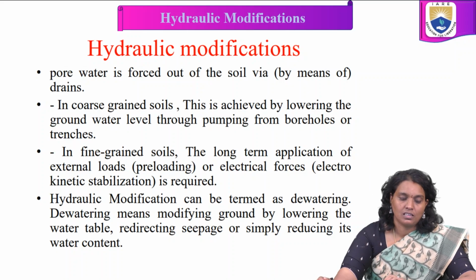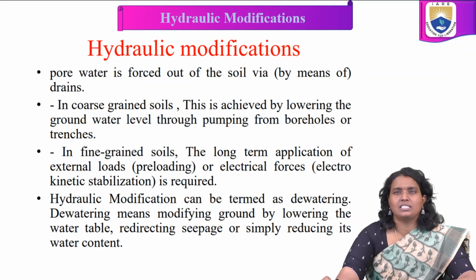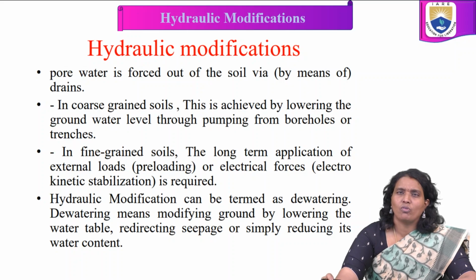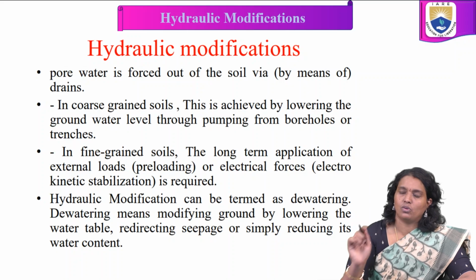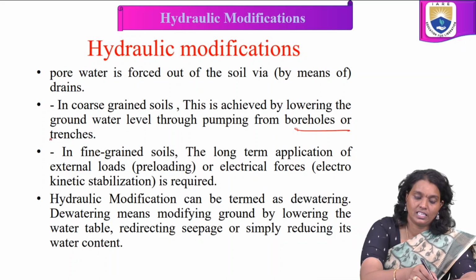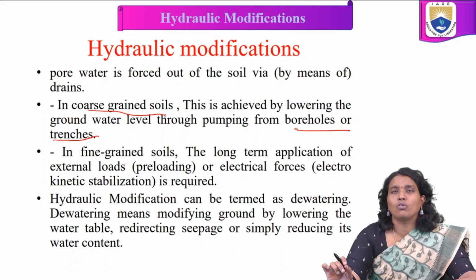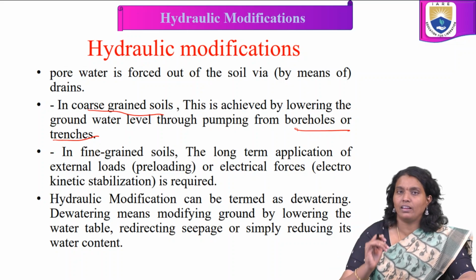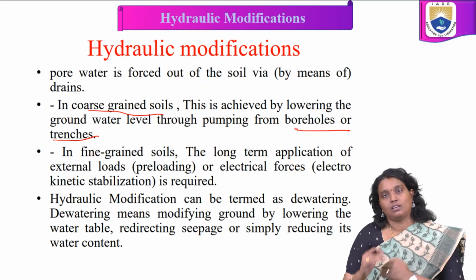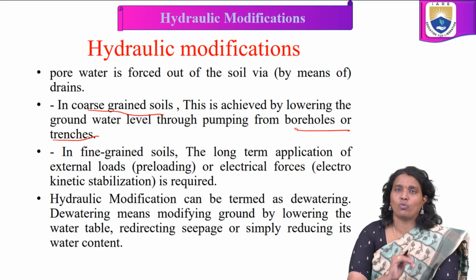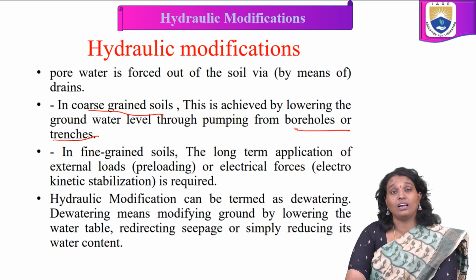In coarse grained soils, this is achieved by lowering the groundwater level through pumping from boreholes or trenches. Whether boreholes or trenches, in coarse grained soils we lower the groundwater level through pumping. Whenever a required height of the groundwater is needed, it depends upon the conditions.